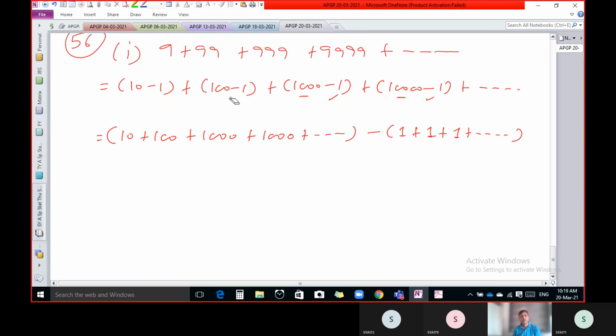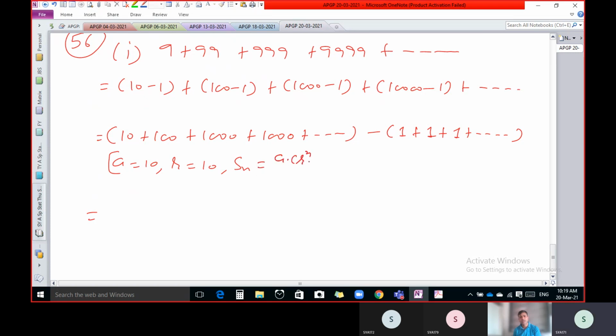Now observe carefully. You just have to split in this particular way. You will find that this is a GP. First term is 10, ratio is 10, and use the formula of Sn. So tell me, what is the formula of Sn?